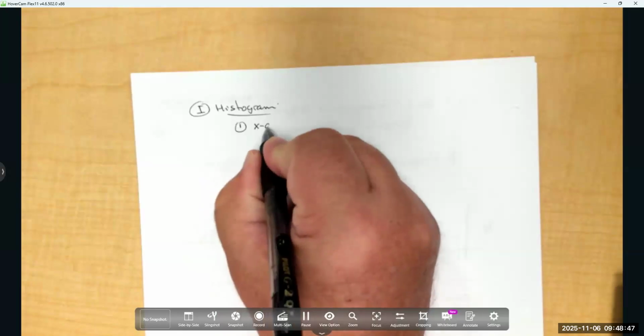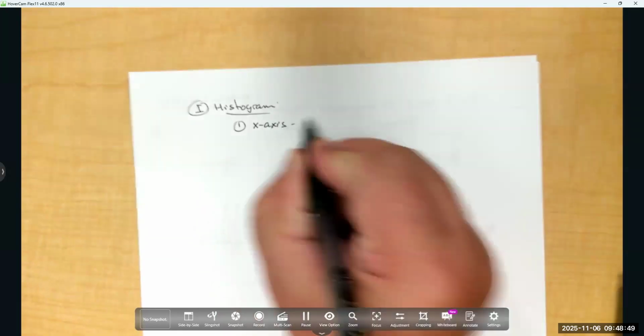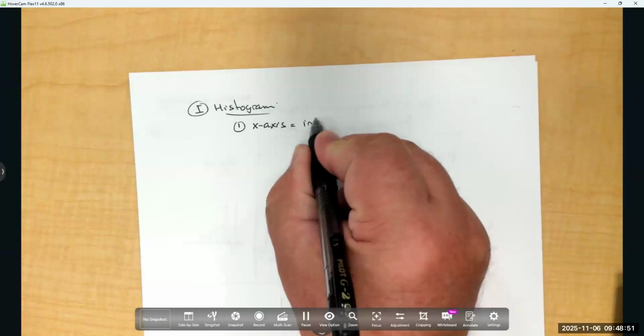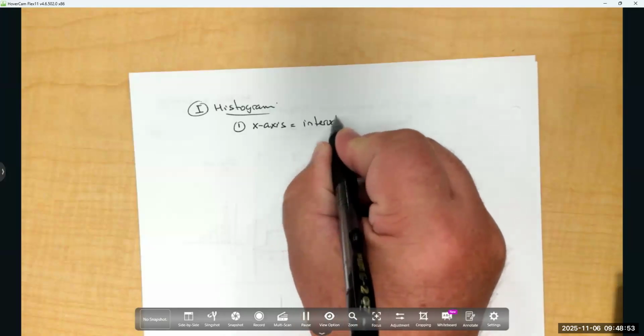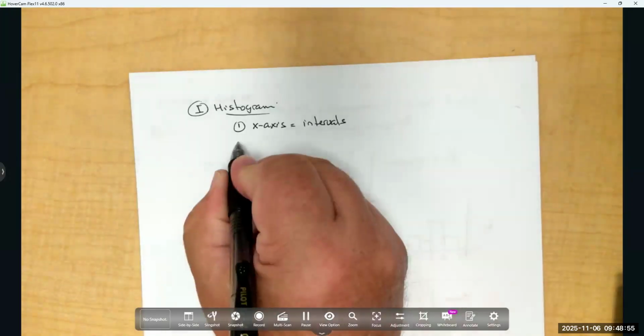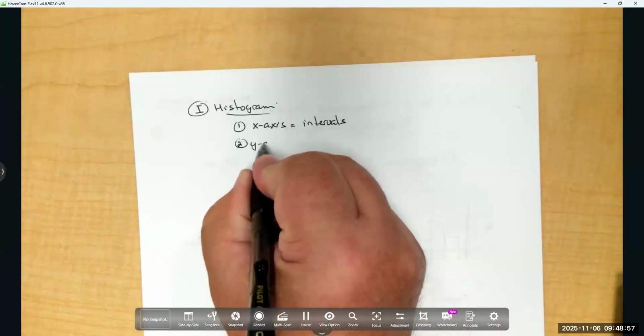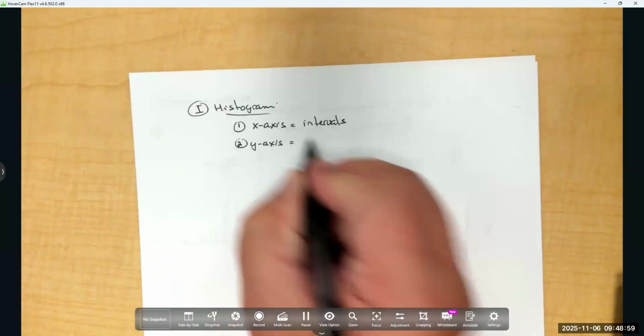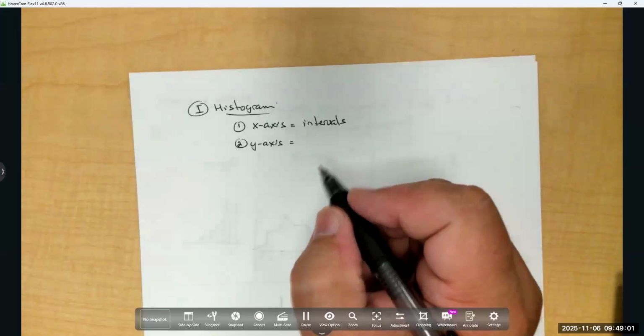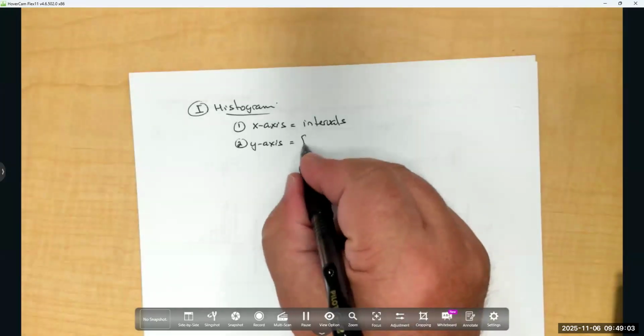Your x-axis are the intervals, and the y-axis is the what? Frequency.